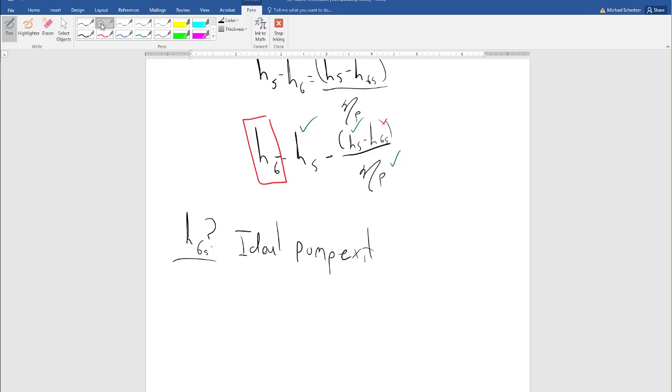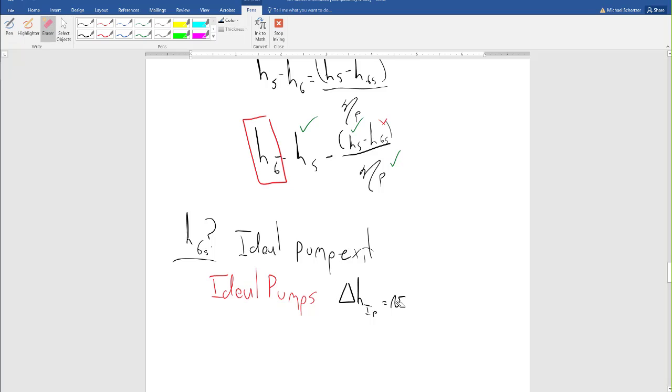So here I remember that for ideal pumps, I have this special equation for delta H. Delta H across an ideal pump is equal to v, the specific volume, at either the inlet or the outlet, but typically we'll know what's going on at the inlet.